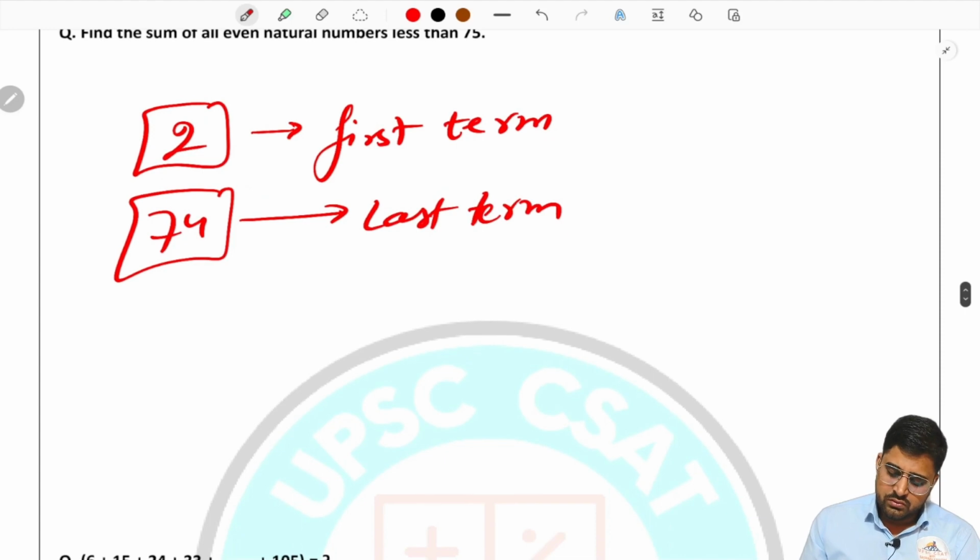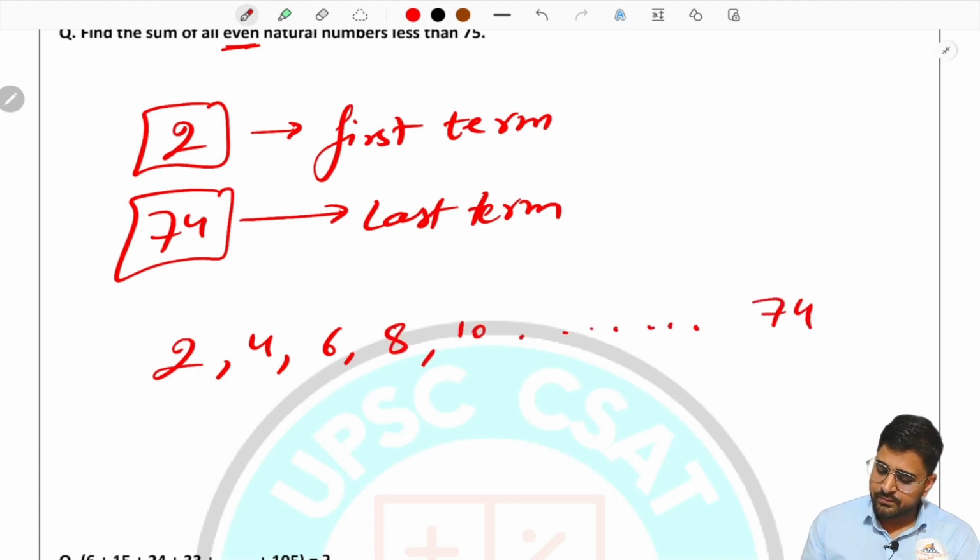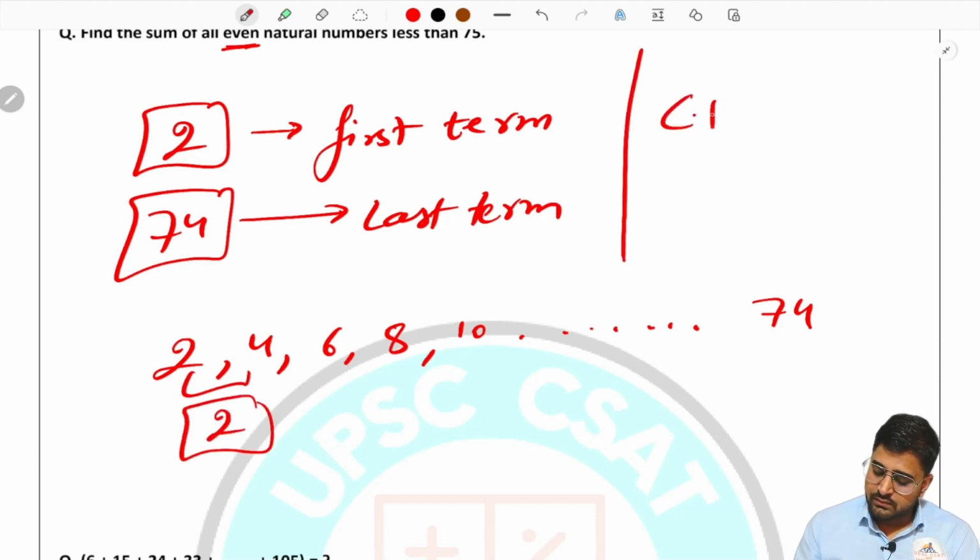So we have 2 as the first term. Then they are asking us to calculate the sum of the series, and they are even, which means the next should be 4, then 6, 8, 10, and that goes to 74. One thing is clear, the common difference is 2.